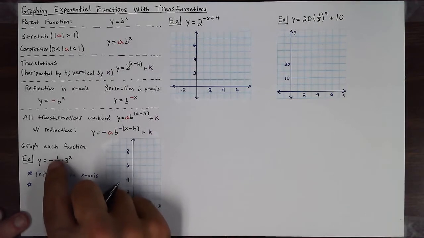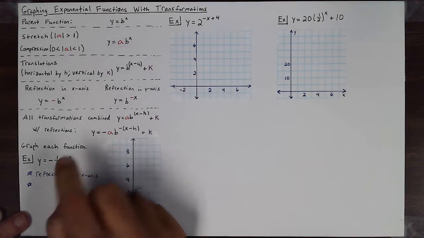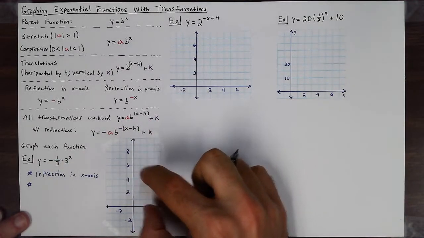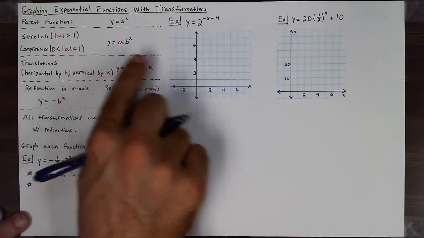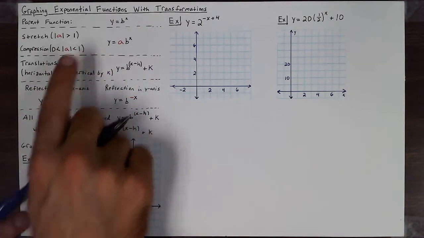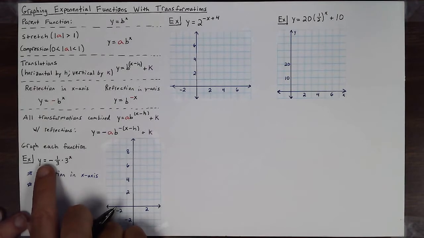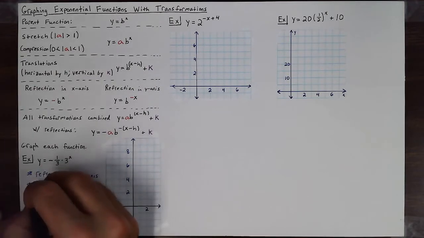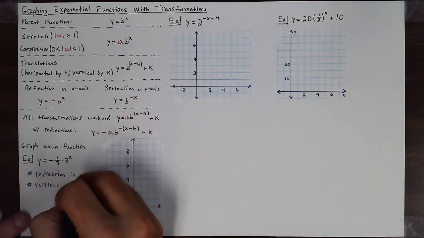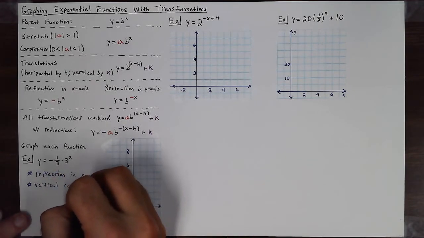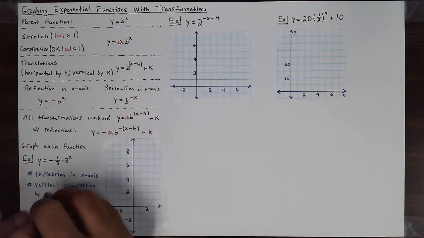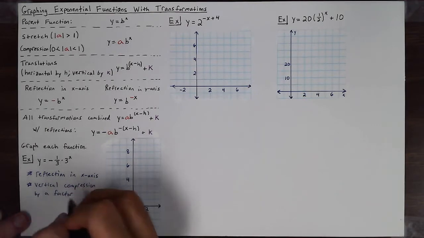And then the 1/3 in front of the 3 to the x corresponds to a compression, because 1/3 is between 0 and 1. Again, you're seeing me ignore the negative that's in front of the 1/3. So this is a vertical compression by a factor of 3.